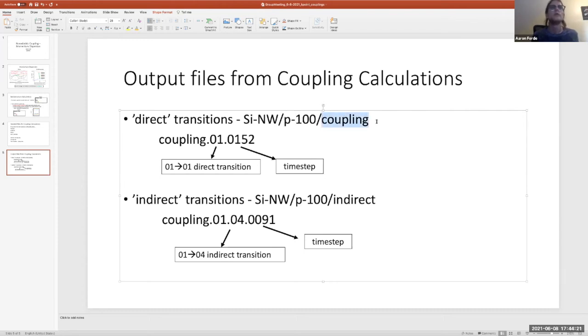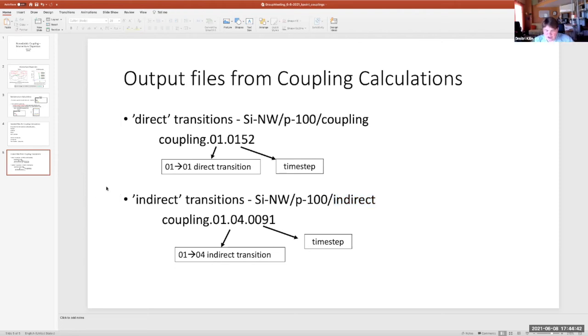It seems like they had one script that computes the direct transitions, and then in a separate directory, they computed the indirect transitions. So it's possible to do them all at one time.